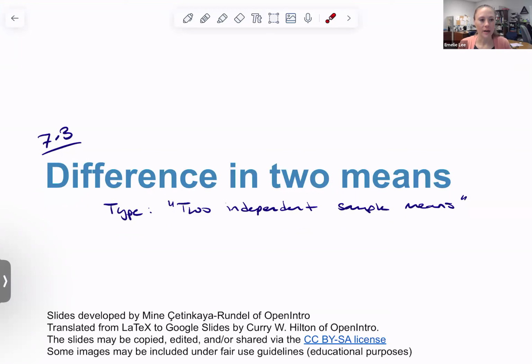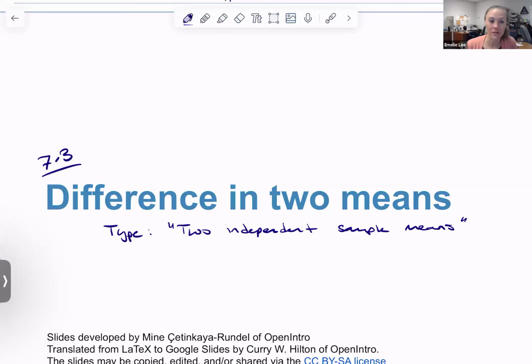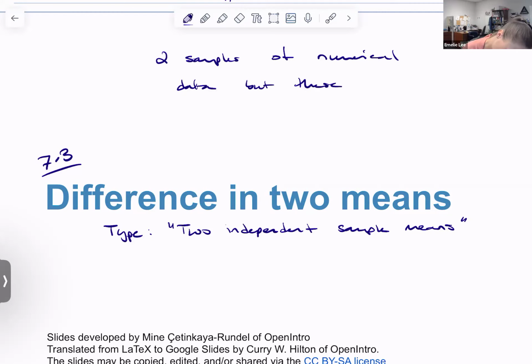So, difference in two means. Well, first of all, in order to have two means, now I'm going to have two samples of numerical data that's not paired, but these samples are independent of each other.